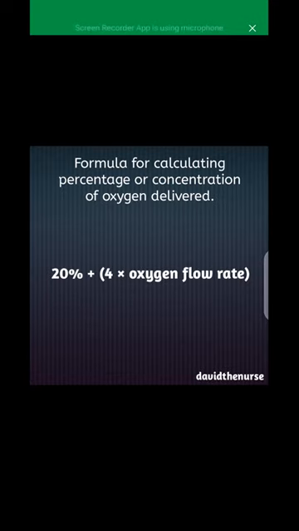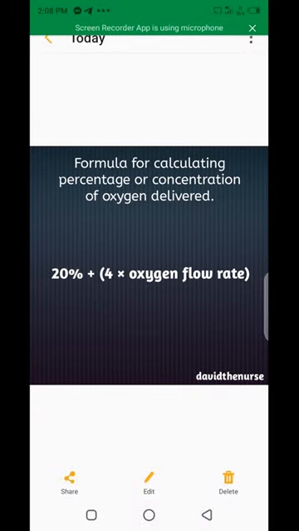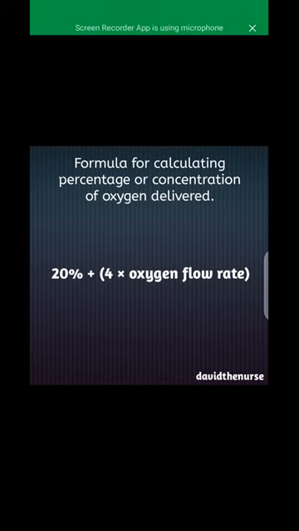And to turn that to fraction, to know my FiO2, FiO2 means fraction of inspired oxygen. So the value I got was 32%. So 32 divided by 100, that's 0.32. That's my FiO2.